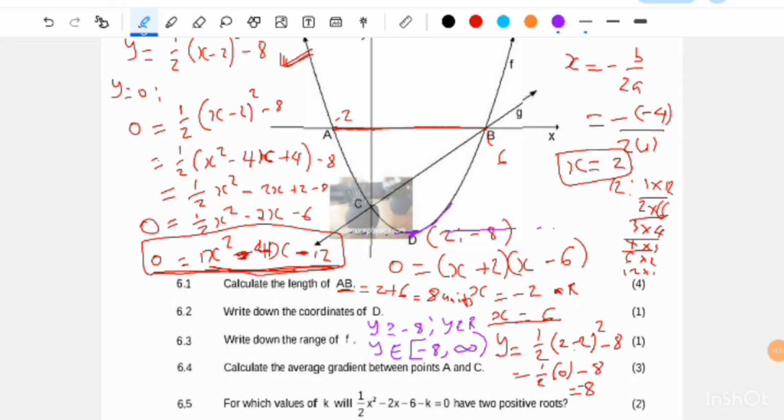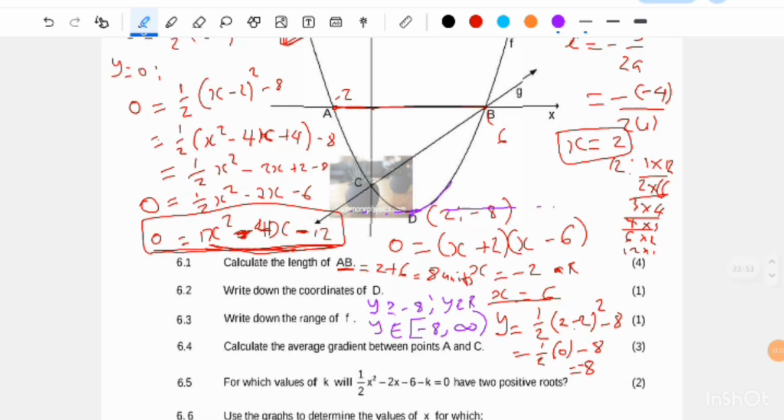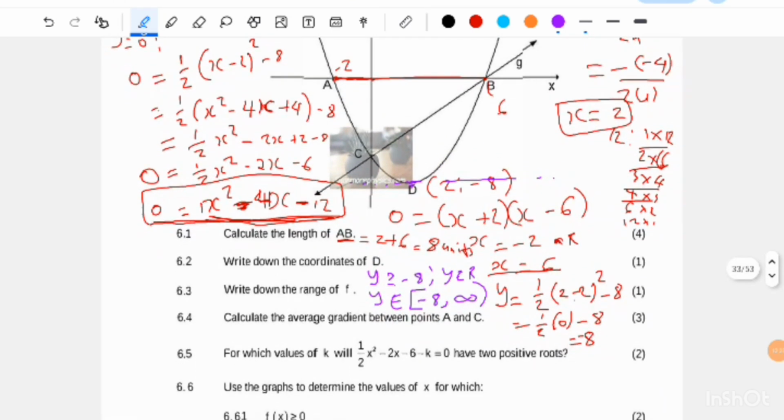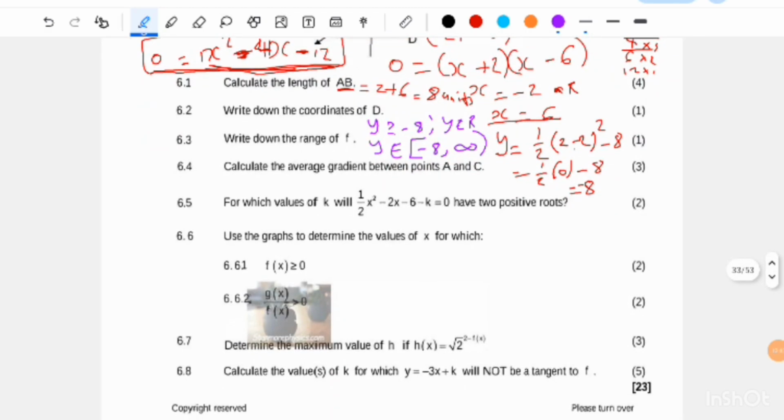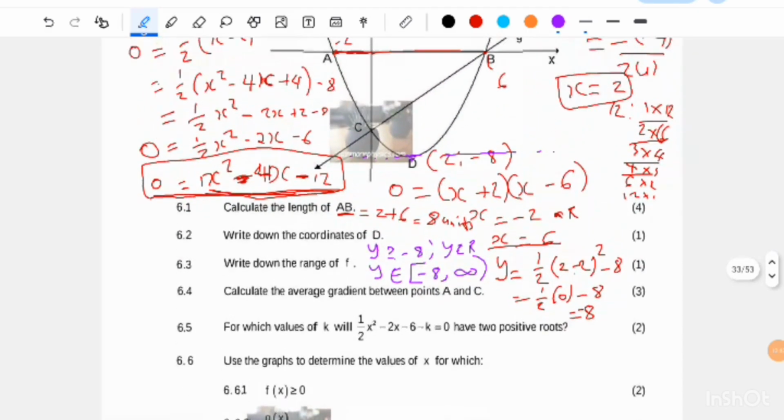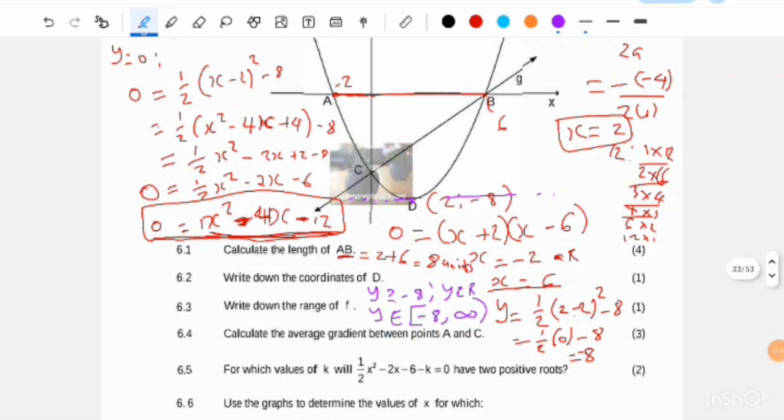I'm running out of space. The next question says calculate the average gradient between A and C. So remember, what are the coordinates of A? The coordinates of A are (-2, 0). What are the coordinates of C?